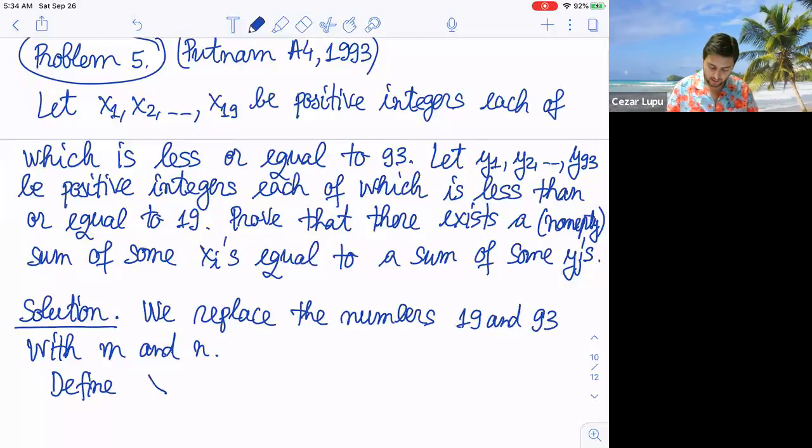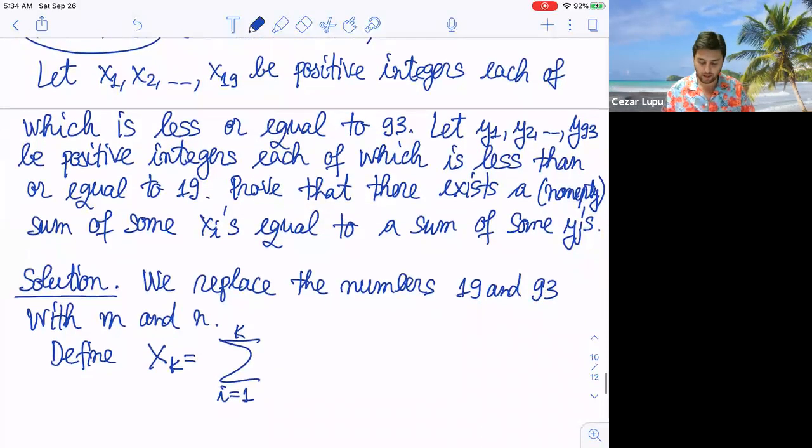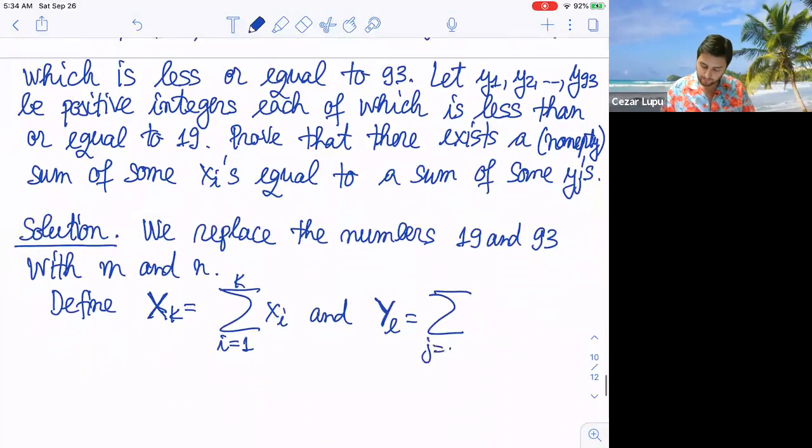We'll define capital XK as the sum from i equals 1 to K of these numbers xi's. So this is capital XK. And we also define in the same fashion capital YL as the sum from j equals 1 to L of yj. All right. We want to show that at some point these two sums are equal. Anyway, that's what we want to show.